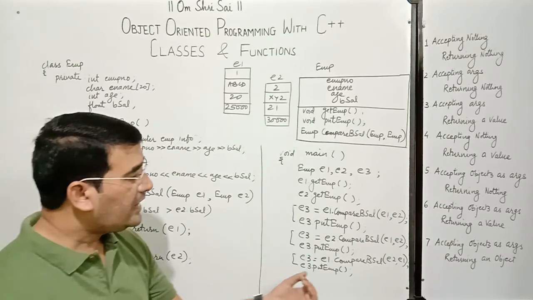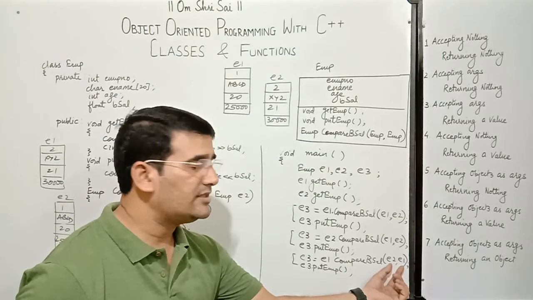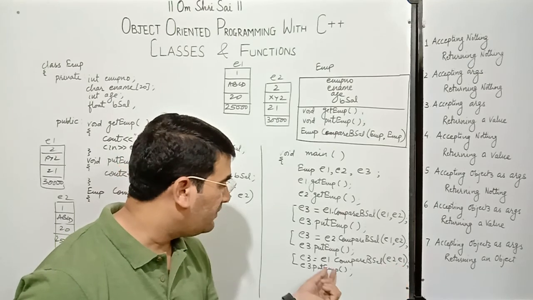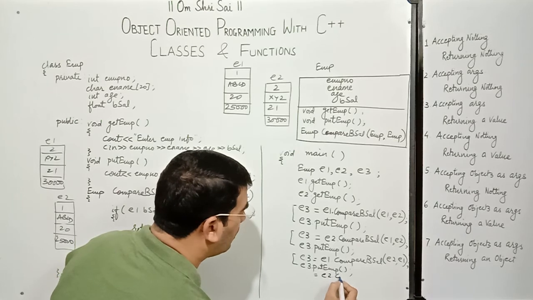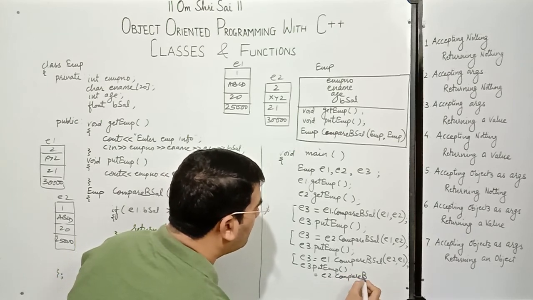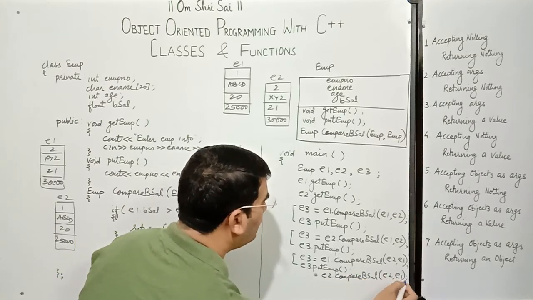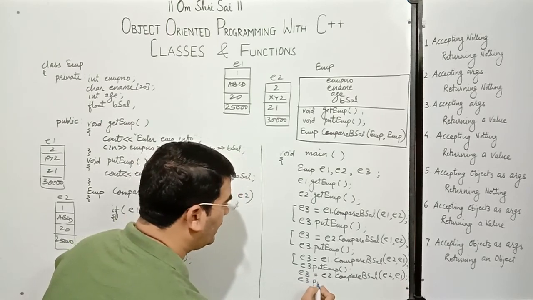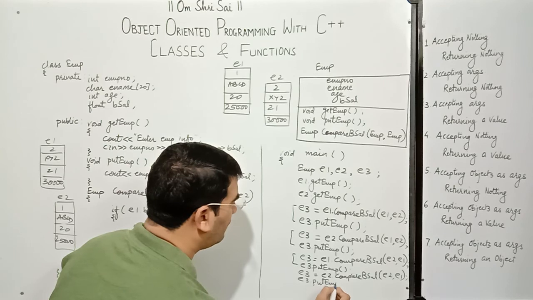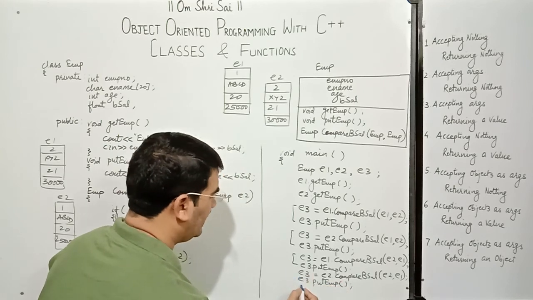Now, if I maintain this sequence as E2 and E1, but change the invoking object, again there will be no change, like E2.compare bcell, and if I pass E1 comma E2, again this will be accepted in E3, and E3.putEMP will display the information of the employee with higher salary.